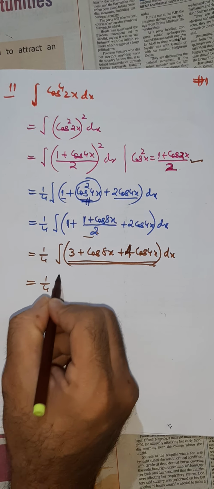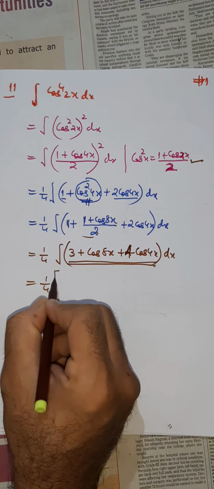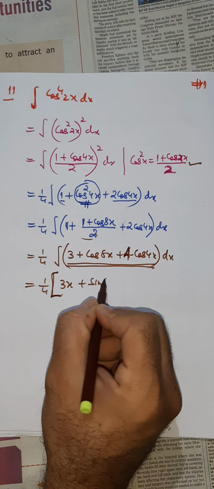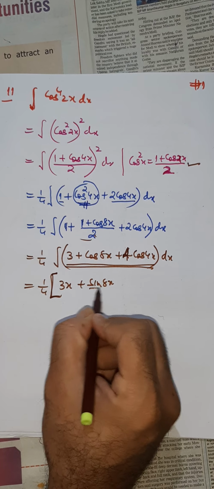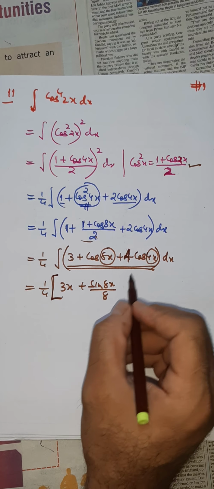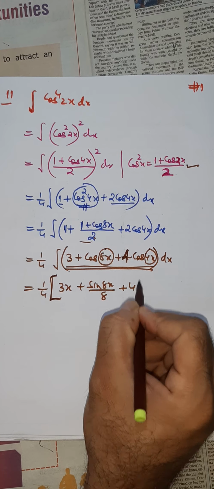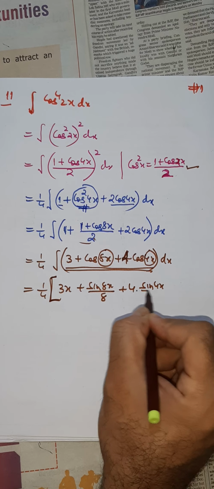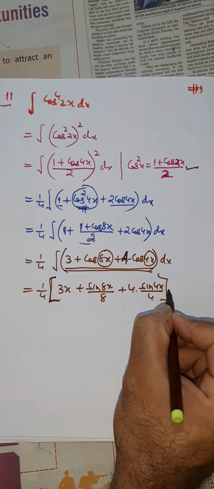1 upon 4 as it is outside. Integral of 3, you know 3x. Integral of cos 8x, which is sin 8x upon the coefficient of x, which is 8. Because this is a linear function, this is also linear function. 4 as it is. This is sin 4x upon the coefficient of x, which is 4 plus c.